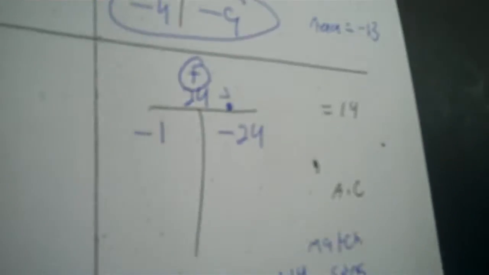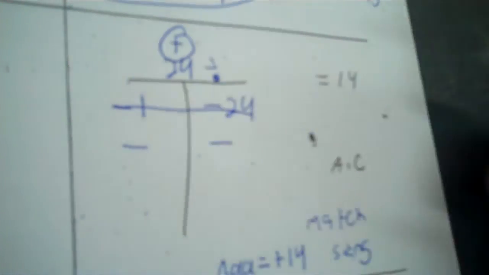And it's got to add to the 14. Okay? It's got to add to positive 14. No. 24 divided by 2. 2 and 12.